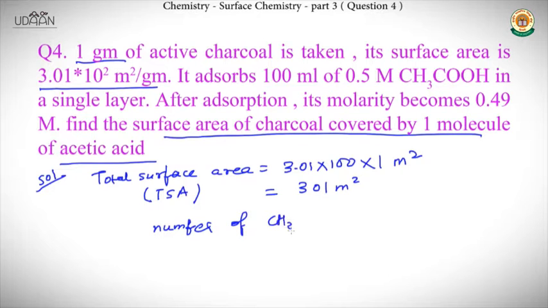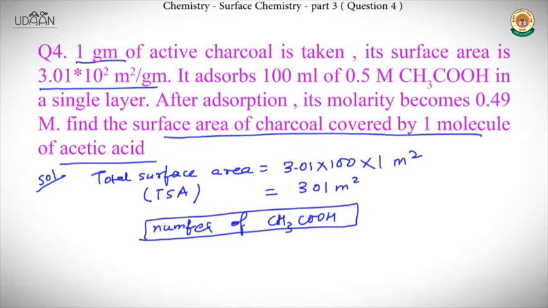Because if the entire area is covered by a unimolecular layer, then we can just divide the total surface area by the number of molecules. The surface area covered by one molecule into the number of molecules will give us the total surface area. Exactly. So the question boils down to finding the number of CH3COOH molecules.